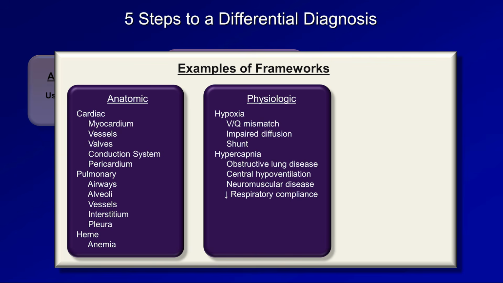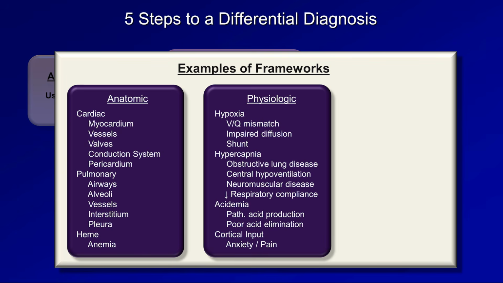Less commonly is dyspnea from acidemia, either from pathologic acid production or from poor acid elimination. Finally, input from the cerebral cortex from anxiety and pain can also lead to the subjective sensation of dyspnea. This framework isn't necessarily better or worse than the anatomic one, just different. It's likely that some people will naturally gravitate towards one and some to the other.